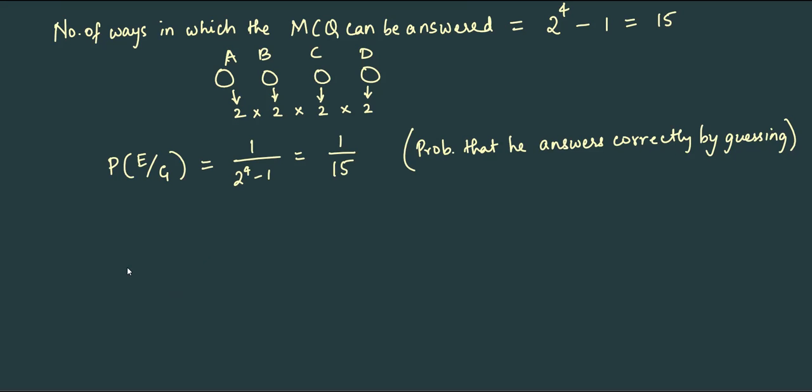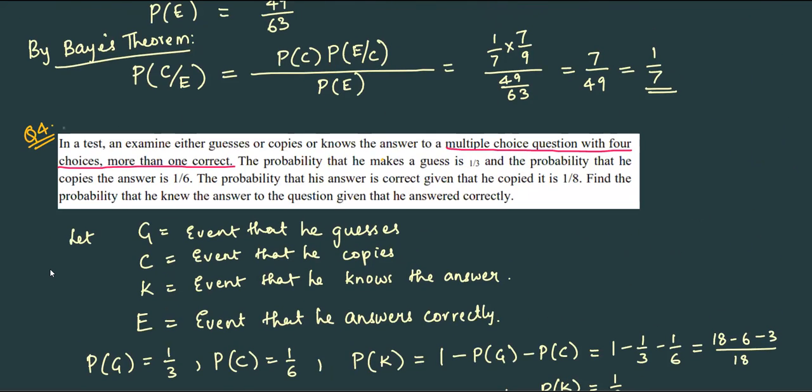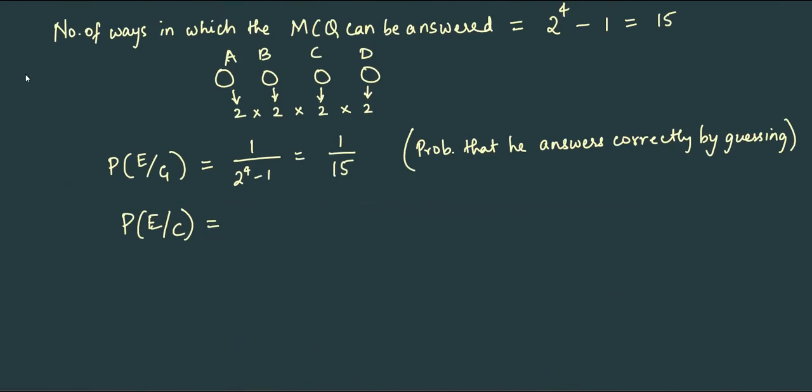So that is 1 upon 15. Now, the probability that he answers correctly by copying. That is given already. The probability that his answer is correct given that he copied is 1 by 8.